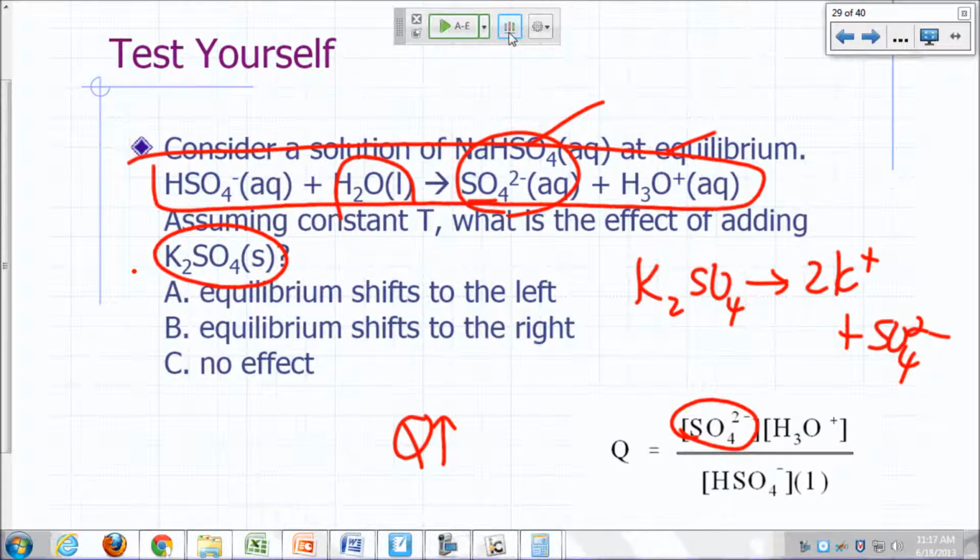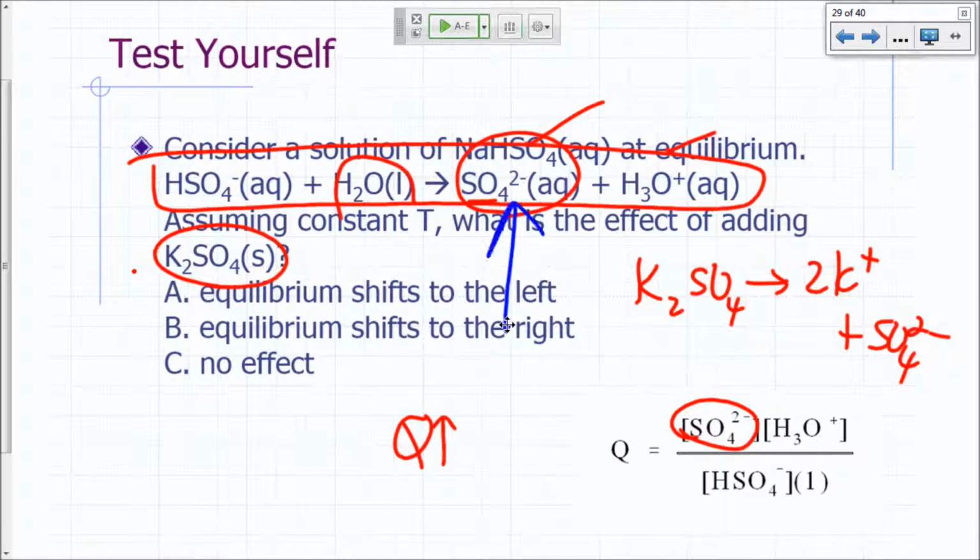Okay, it shifts to the left, right? Here's a simple way of thinking about it. If you put more sulfate in, the system will try to counteract what you did and get rid of some of it, so it will shift to the left. Add more products, shift to the left.